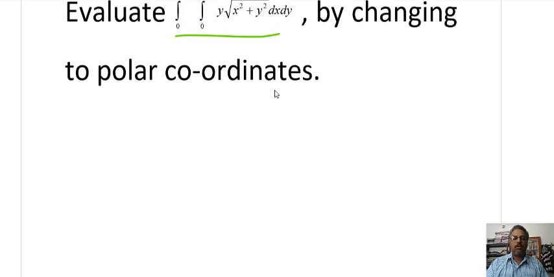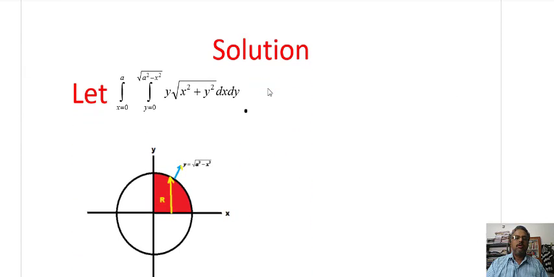Now what is the solution? Observe the integral, the same integral. Here the limit is in terms of y, and the other variable is x, 0 to infinity. This is the given problem.